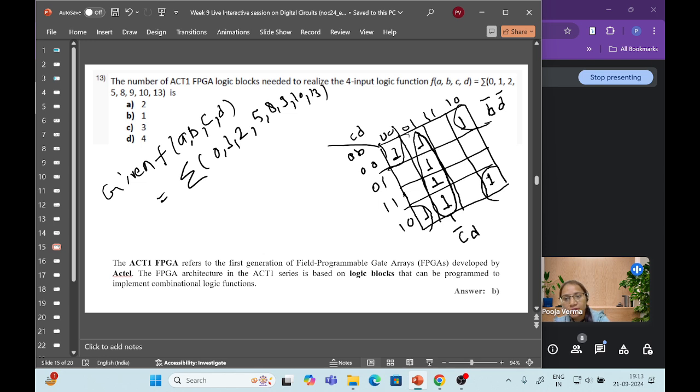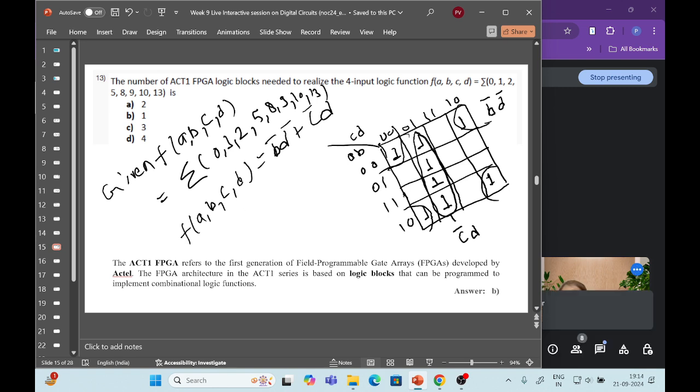The logic expression for F of A B C D is B dash D dash plus C dash D. Now in this logic expression, how many variables are there? C, B, D, that is 3 variables, right? 3 inputs are there.